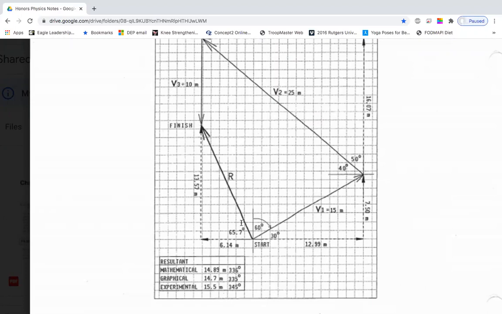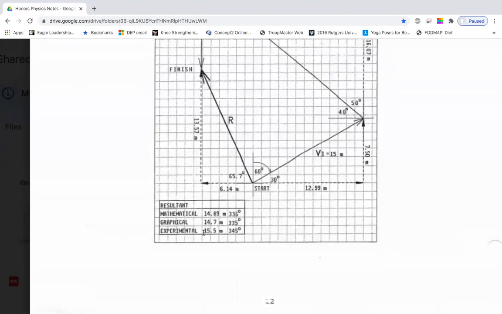Read whatever the compass says, and then pace this off, and you've gone from the start to the finish. You've got 15.5 meters at 345 degrees. Like I said, it's probably going to be a little bit further off than the graphical and mathematical difference. The mathematical, that should be the best answer.